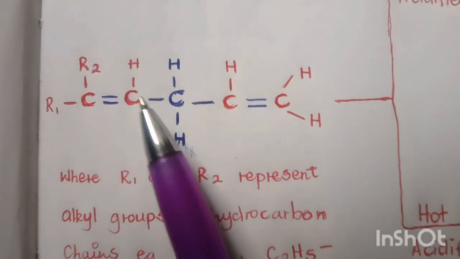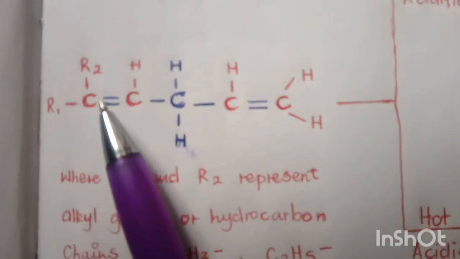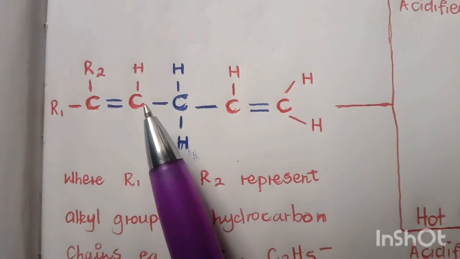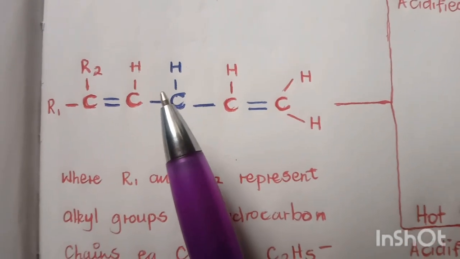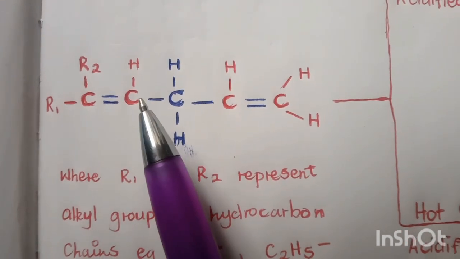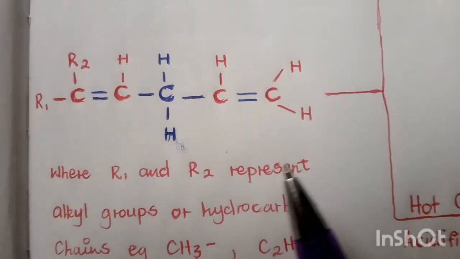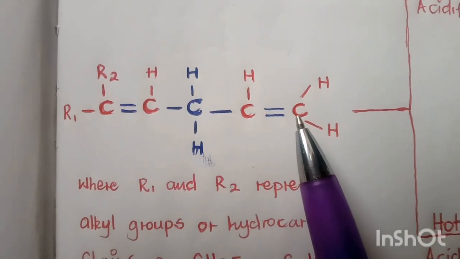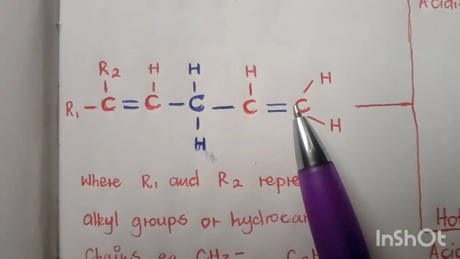Now each of the carbon atoms that will be involved in the double bond will also be oxidized, but their oxidation depends on which other atoms that carbon atom is bonded to. As you can see, I have written all the carbon atoms that are involved in the double bond using red ink.